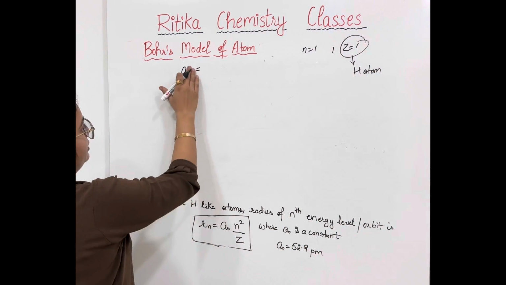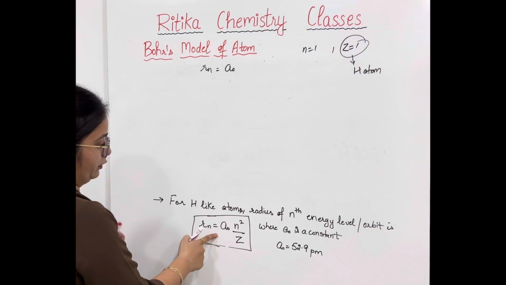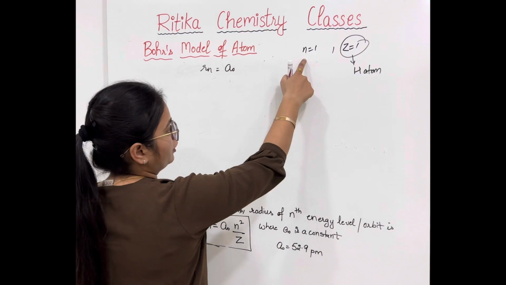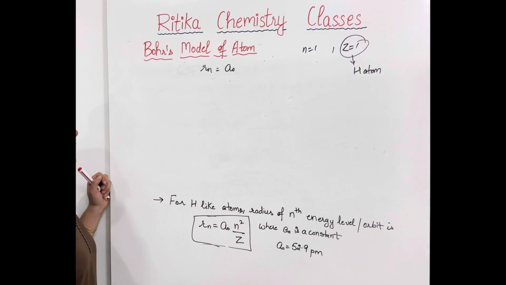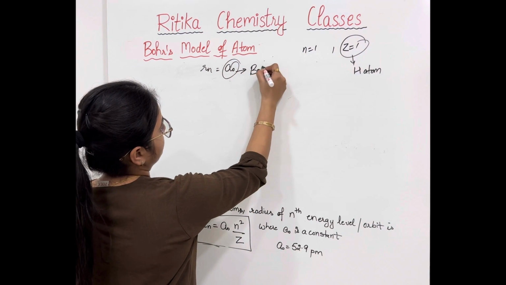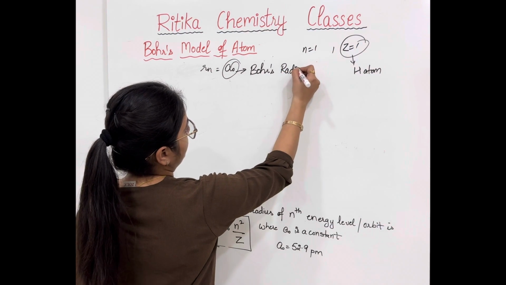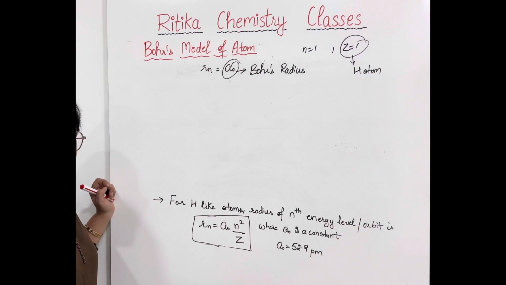So for that Rn will become equal to A naught. So A naught is the radius of the first orbit in case of hydrogen atom, and this A naught is also known as Bohr's radius.